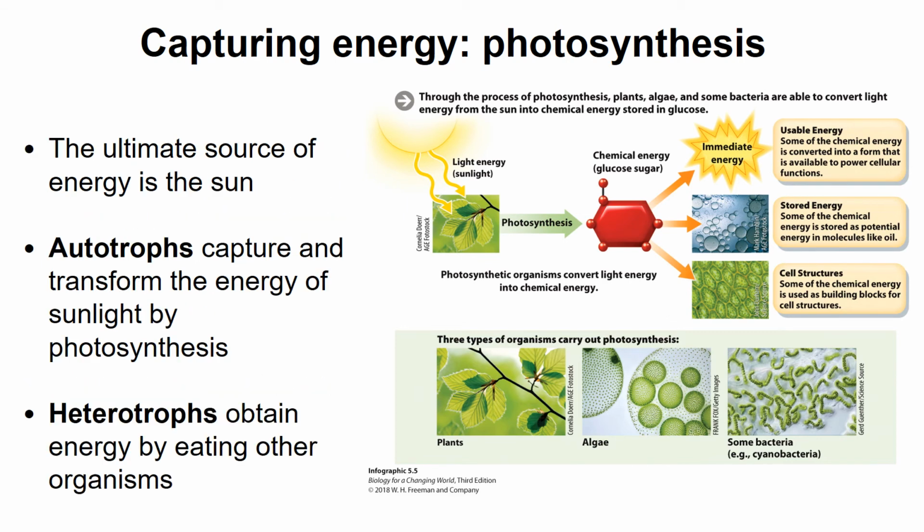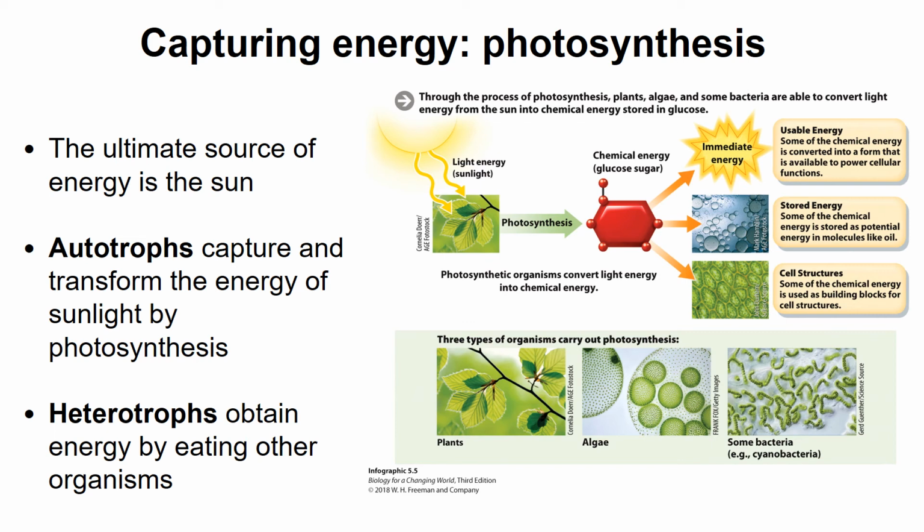So when you think about our planet, the ultimate energy source for our planet is the sun. Basically, if you get rid of the sun, you can potentially wipe out all life on our planet.